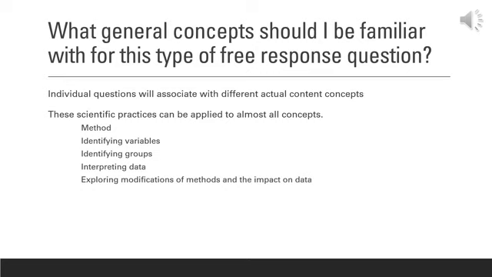However, you should be able to apply specific experimental design concepts to each of these questions. The specific scientific practices you should be familiar with are identifying method, variables, groups, interpreting data, and exploring and explaining modifications of methods and how that can impact what your data tells you and whether or not your hypotheses are correct.